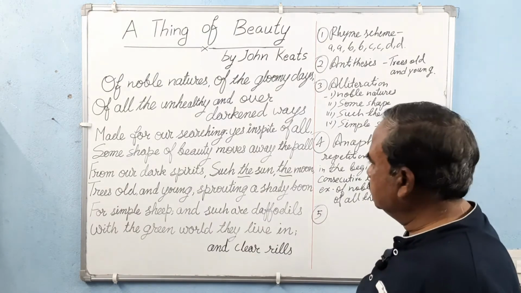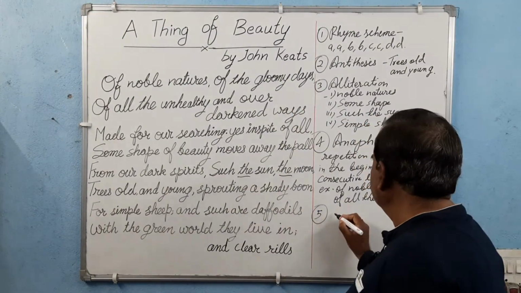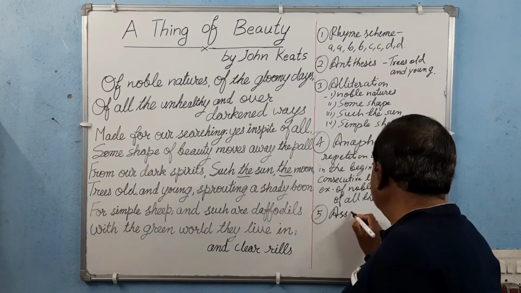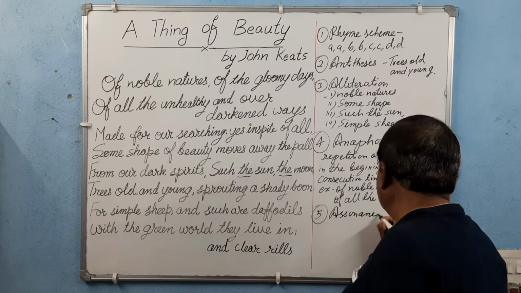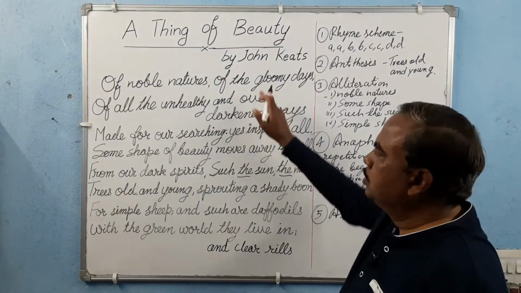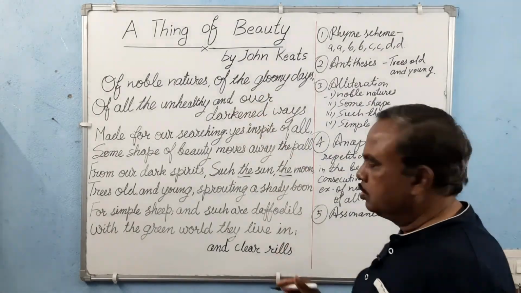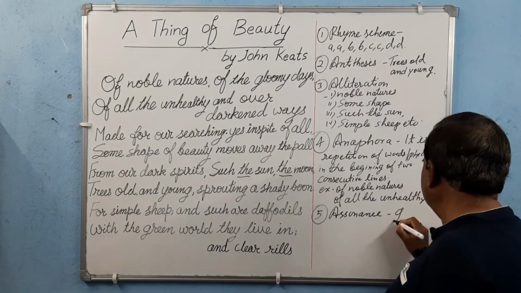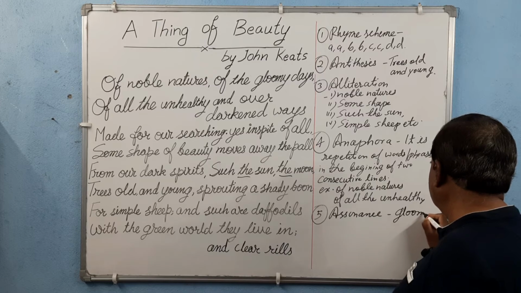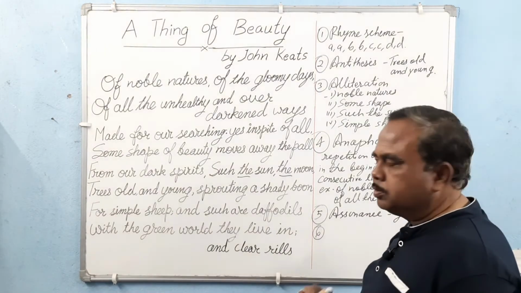Fifth poetic device is assonance. It is repetition of vowel sound within word or phrase or sentences. Repetition of u sound. Example, gloomy. Sixth poetic device is imagery.